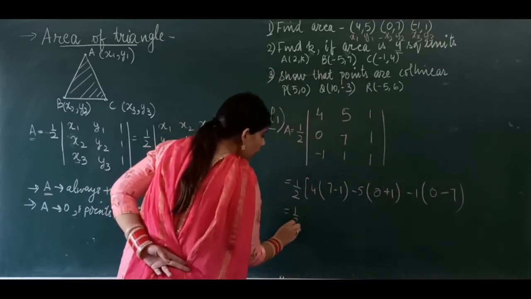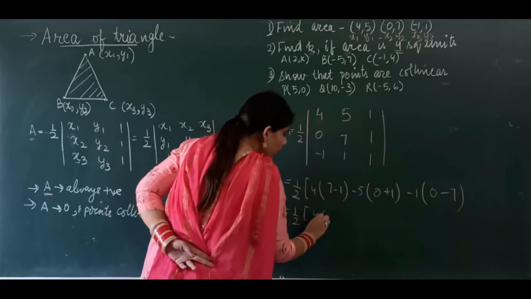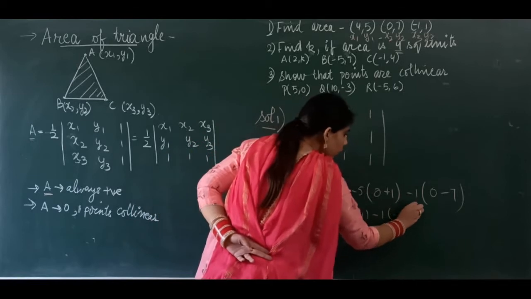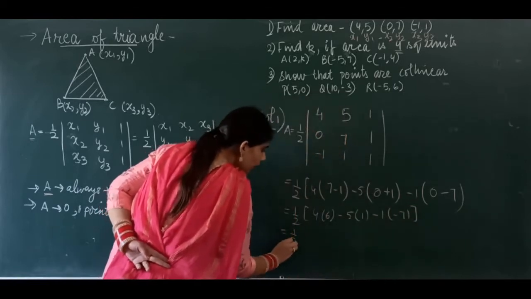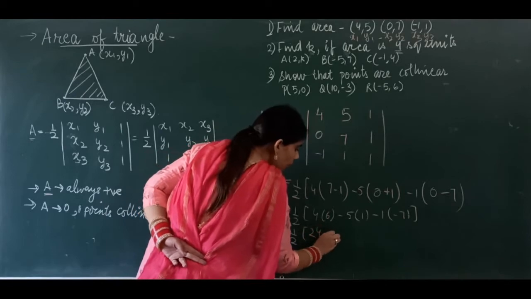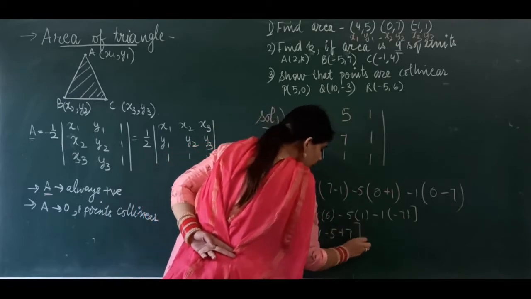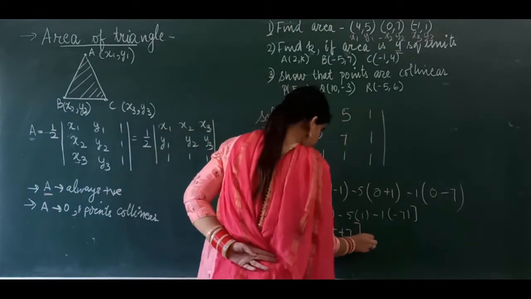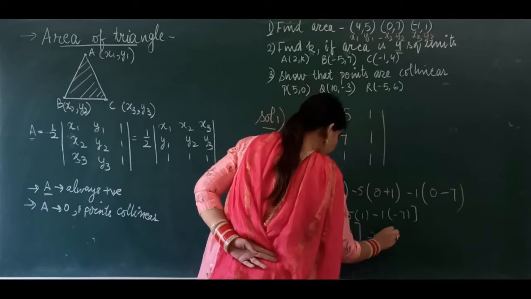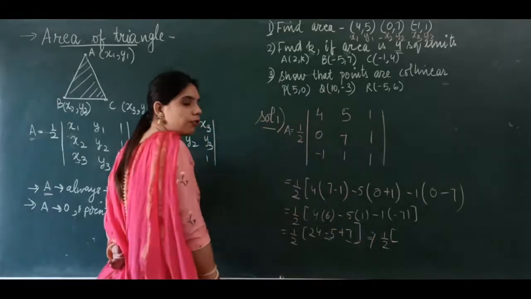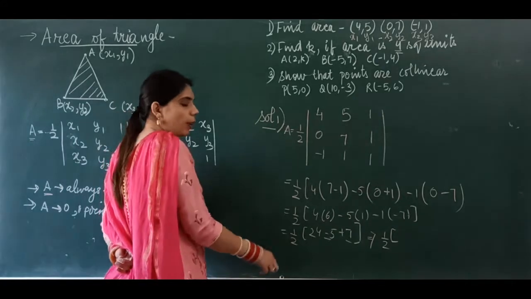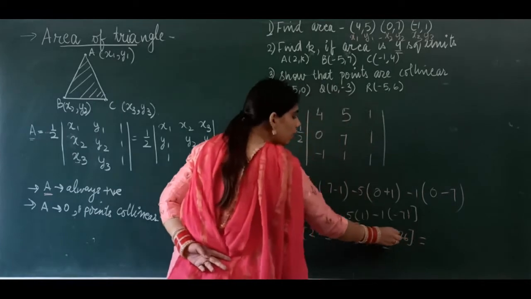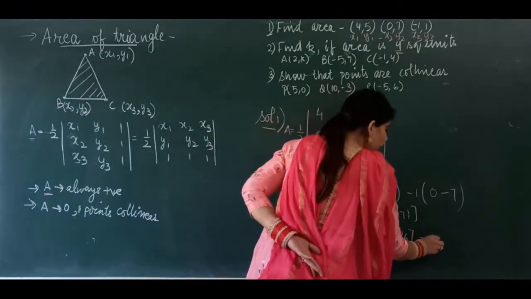So it will be half of 4 into 6 minus 5 into 1 minus 1 into minus 7, which will be half. 6 fours are 24, minus 5 plus 7. Minus 5 plus 7 is plus 2. 24 plus 2 will be 26, and if I do the cutting, it will come out to be 13.